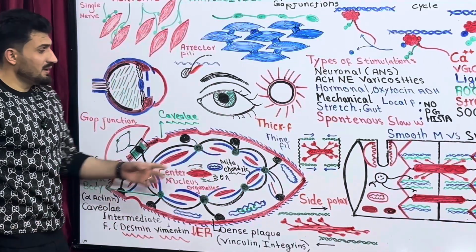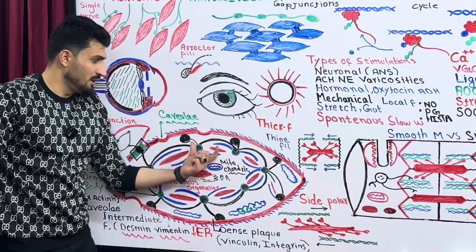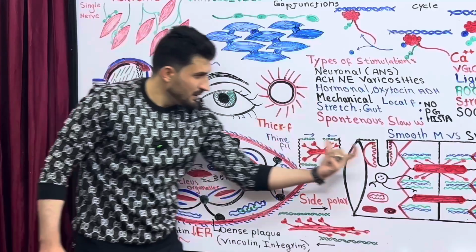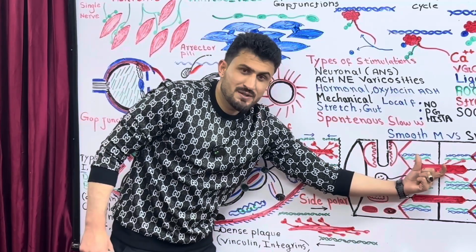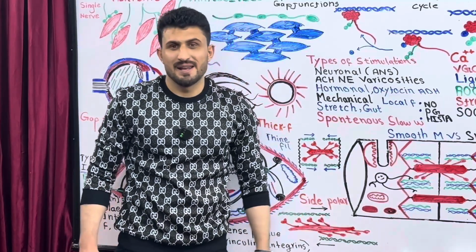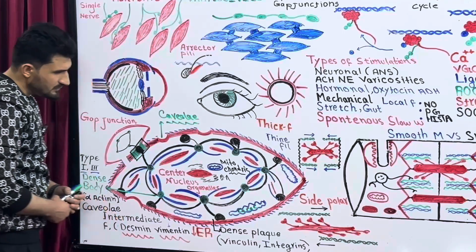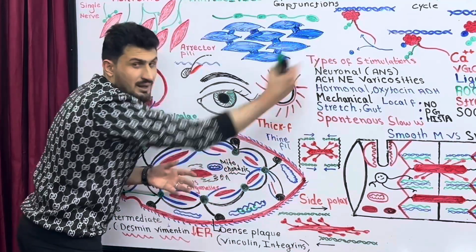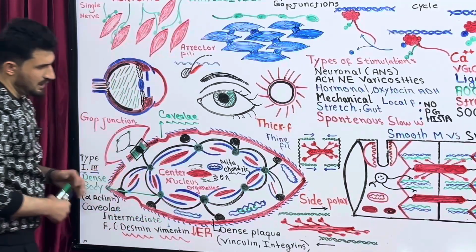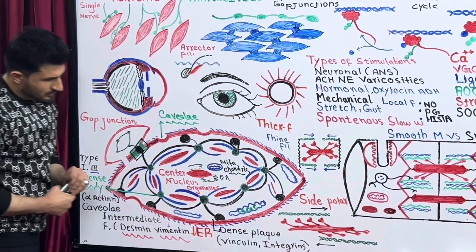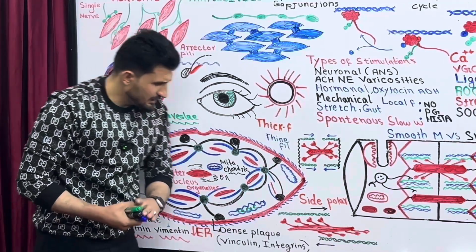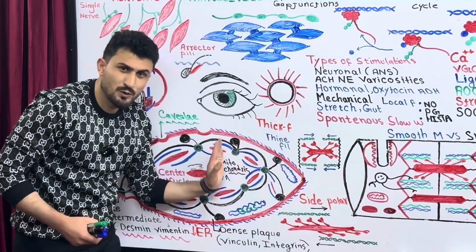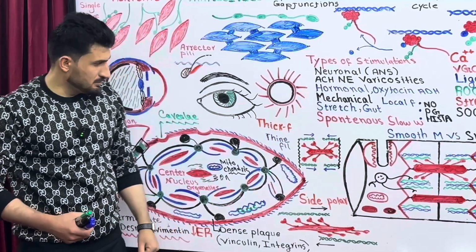So here thin and thick filaments are between two dense bodies, but in skeletal muscle thick and thin filaments are between two Z lines. Okay, now about its mechanism of contraction we will talk later on. Okay, don't worry.